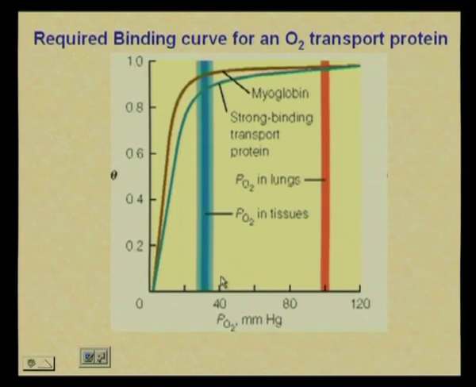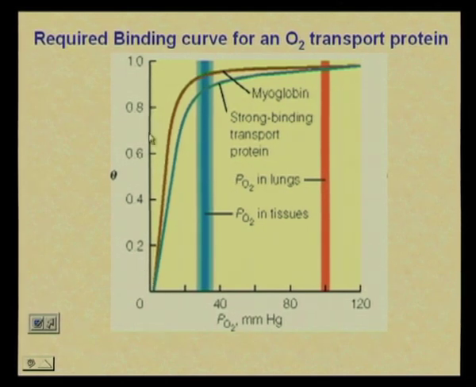Okay. Now, I want you to understand this very, very clearly. Suppose we have a situation where I have an oxygen transport protein. If you look at the curve on top, in purple here, the darker curve, this is the curve for myoglobin that binds oxygen in a hyperbolic fashion.